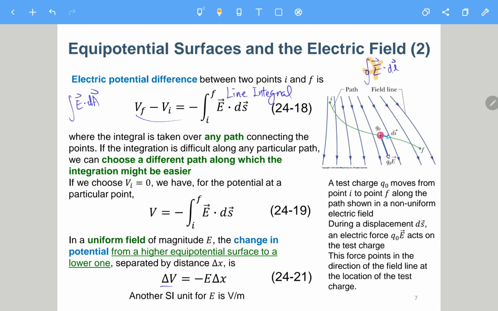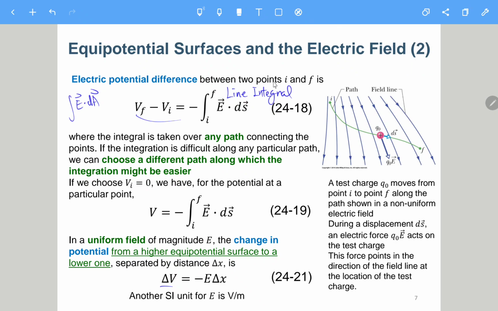Actually, in chapter 29, when we talk about Ampere's law, we will have the circle there. That will be the integral of B dot ds equals mu 0 I enclosed. But you will learn it in chapter 29 later on.